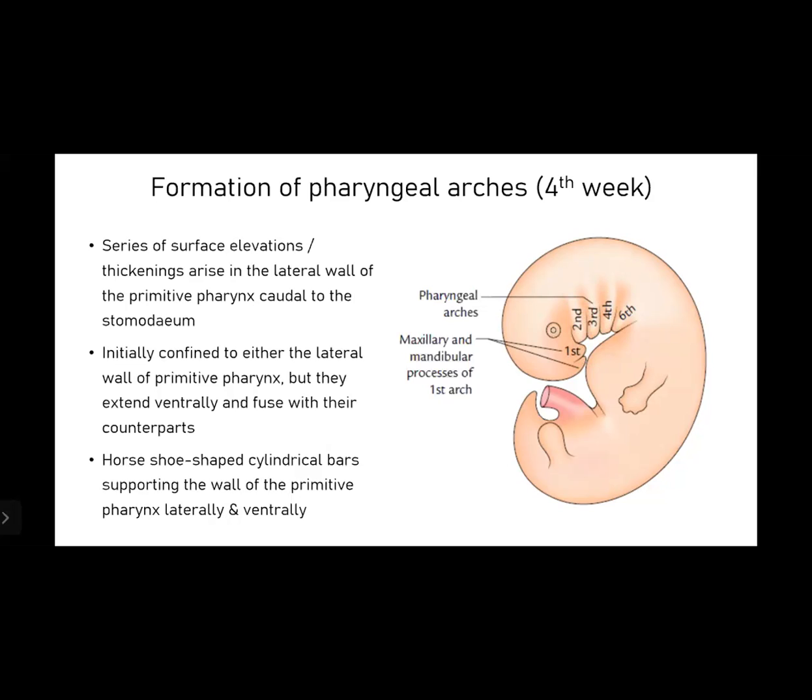Initially they are confined to either side of the lateral wall of the primitive pharynx, but they extend ventrally and fuse with their counterparts from the opposite side to form arch or horseshoe shaped cylindrical bars. These are very important because this is what supports the wall of the primitive pharynx, both in the lateral aspect and in the ventral aspect.